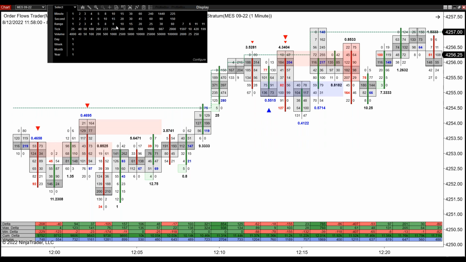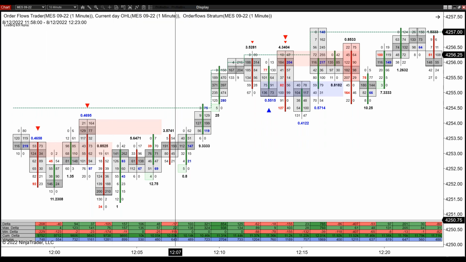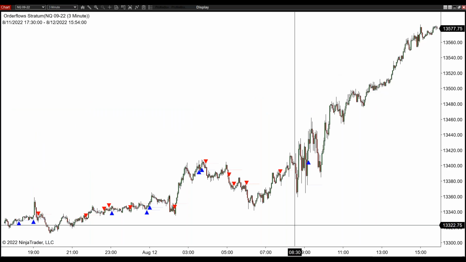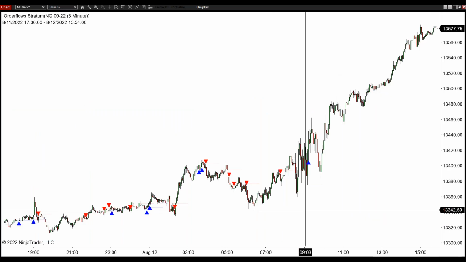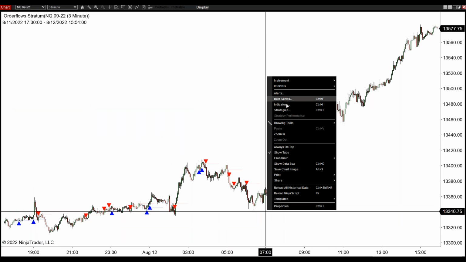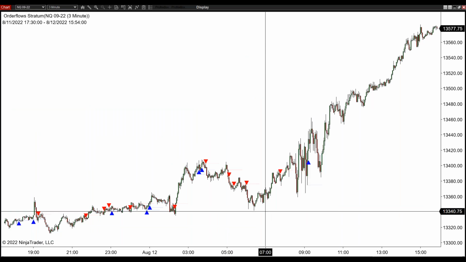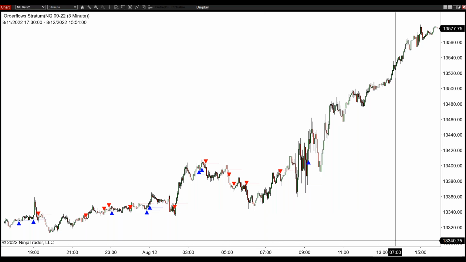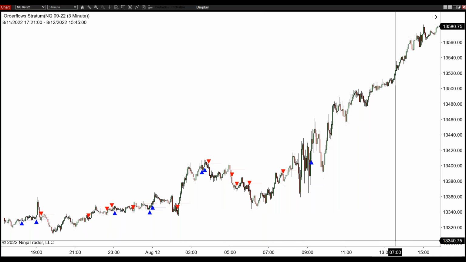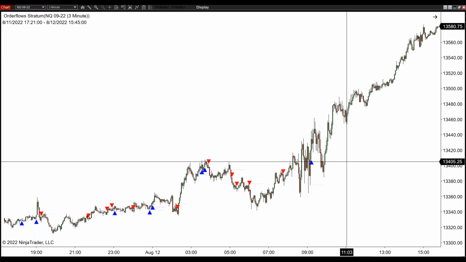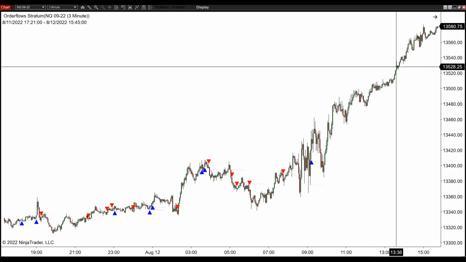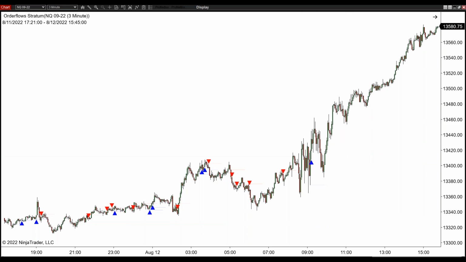Tell you what, I will load up a 10-minute chart on here. While that's coming up, we'll take a look at the NQ 3-minute chart. I think this was set to 4-3. Again, not getting a whole heck of a lot of trades this afternoon.